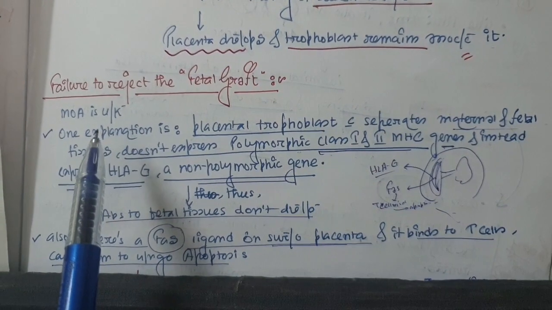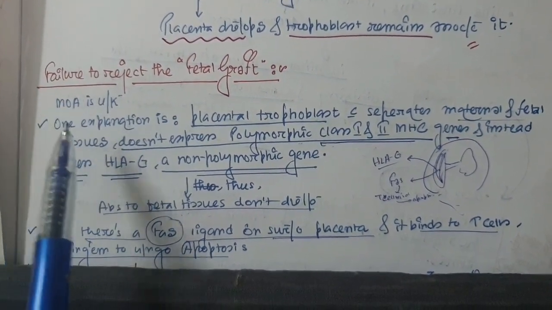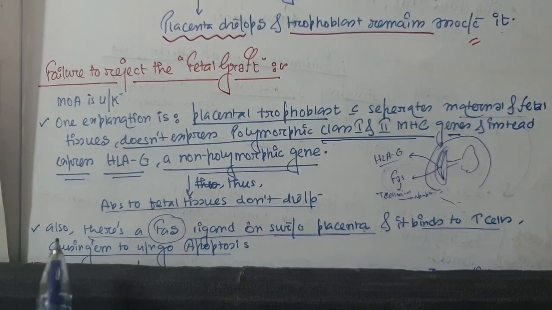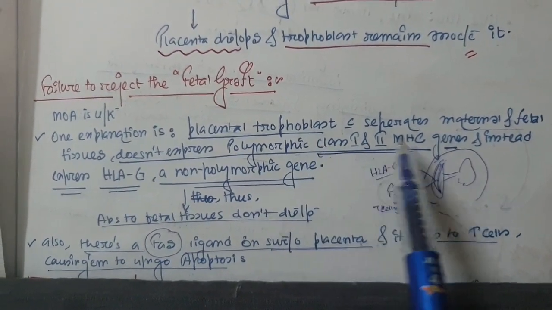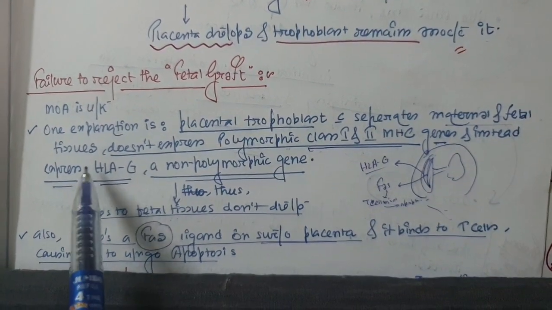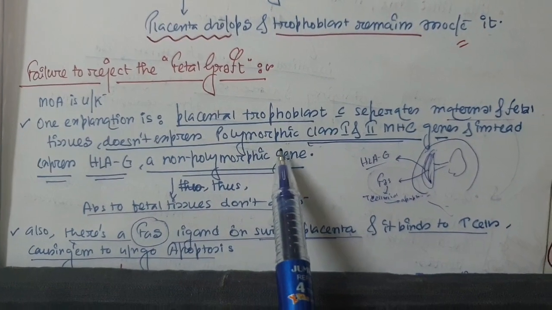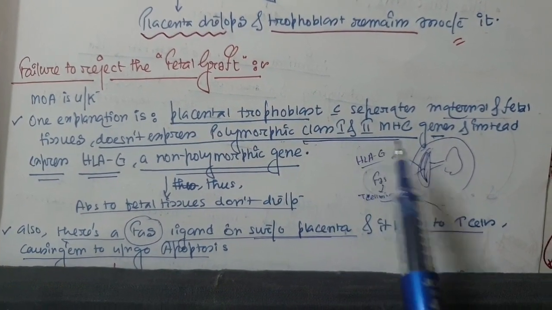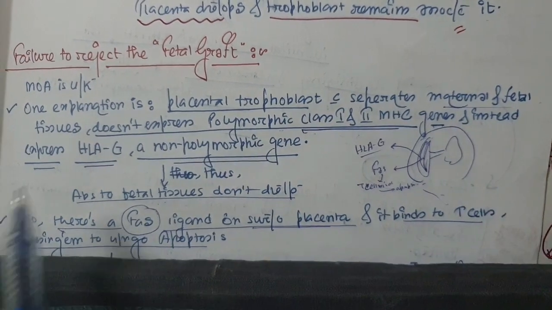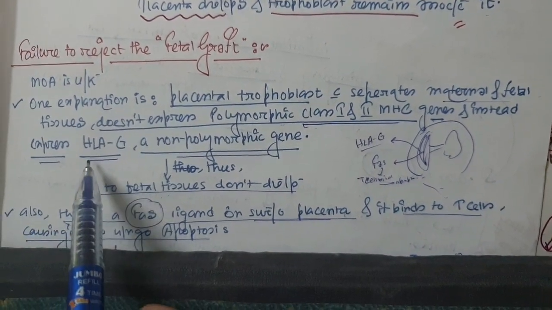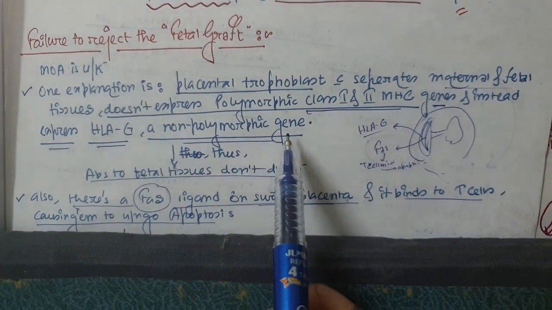At first we should make this point very clear: the mechanism of this process is still unknown. One explanation is that the placental trophoblast, which separates the maternal and fetal tissues, does not express the polymorphic class 1 and class 2 major histocompatibility complex proteins, and instead expresses HLA-G, which is a non-polymorphic gene.